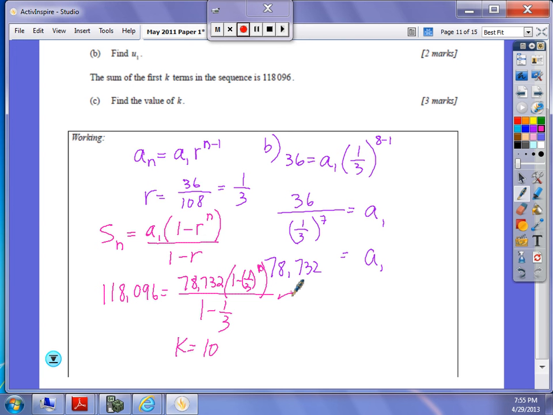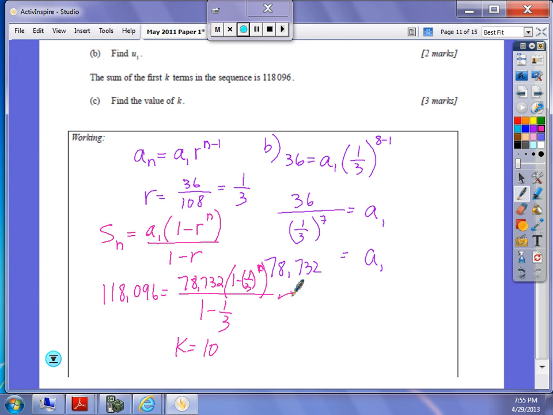Or they're adding up all the terms until they get to 118,000, so they're having you calculate the first 10 terms and seeing that that adds up to 118,096. If you know how to use logarithms, that would be another way you could solve this problem. That's probably how I would solve it.